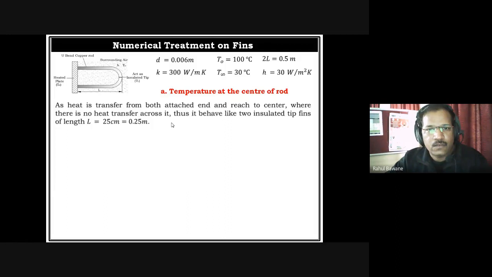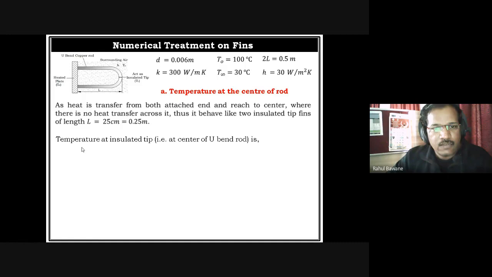Sorry, there is one mistake. Yes, 2L is 50, so L will be 25. Correct, no mistake. Now the temperature at the insulated tip, which is nothing but the center of the U bend rod.